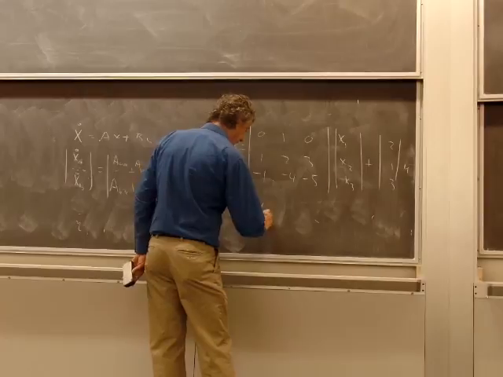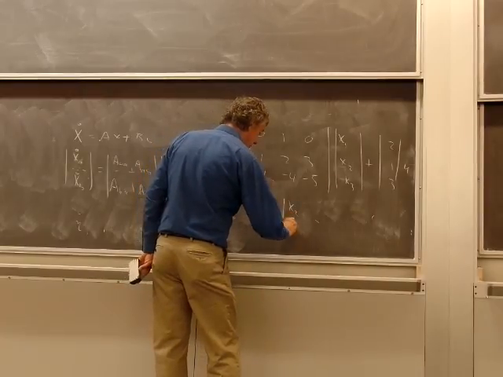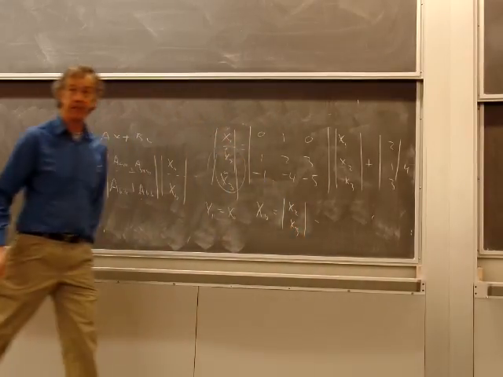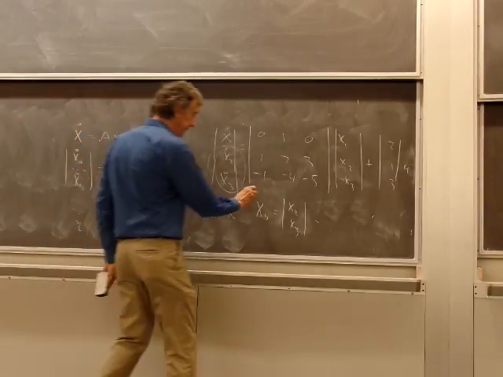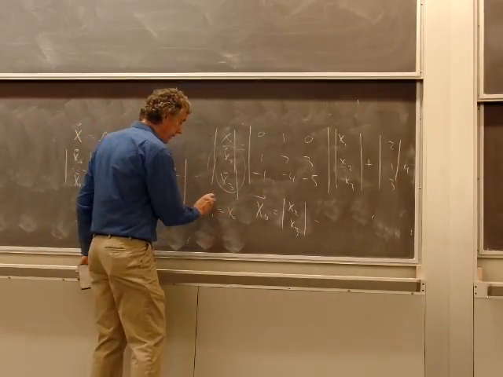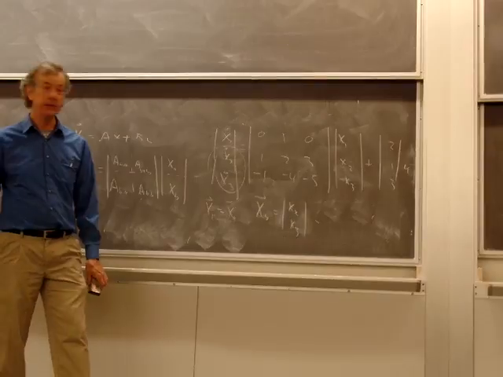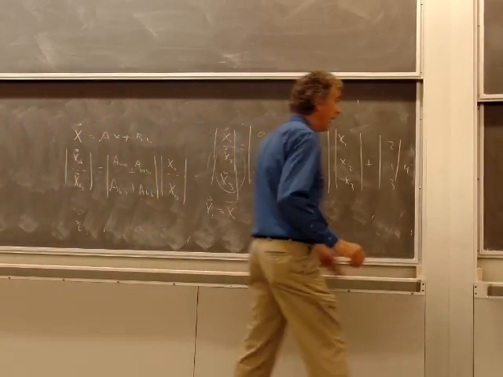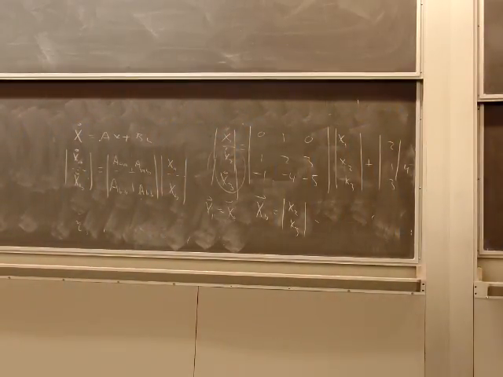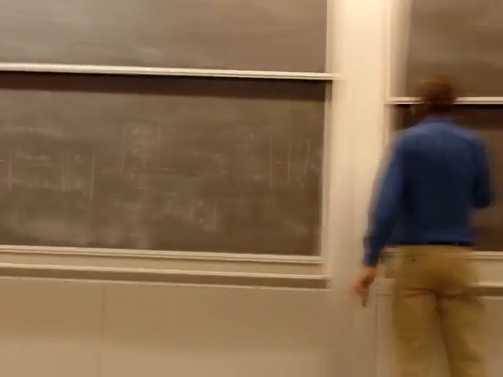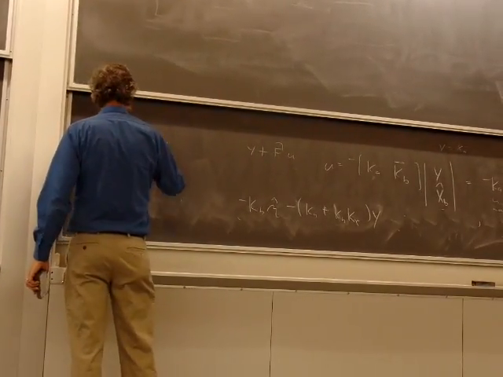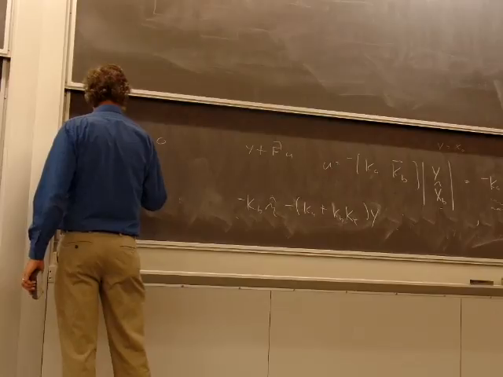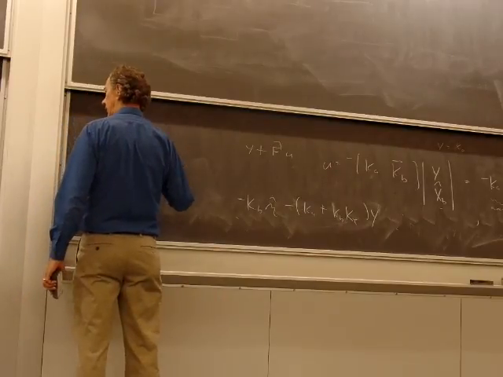XB is X2, X3. That will be a vector. All these are vectors, even scalars are vectors. So my AAA, in this case, is 0. My AAB is 1, 0, 2, 3.